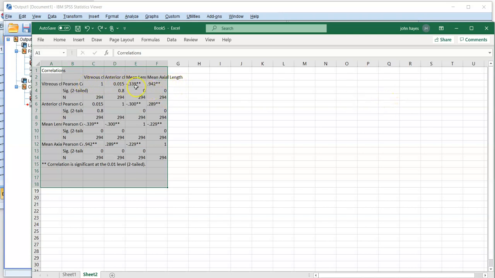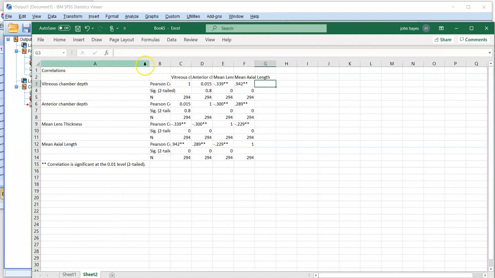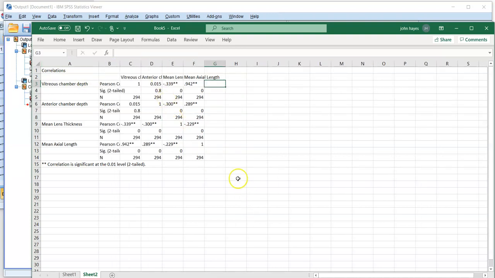Proportion is r squared, and we have the r's here. So we would take each of these values, equals that, whoops, not there, down here at mean axial length, equals this value squared.